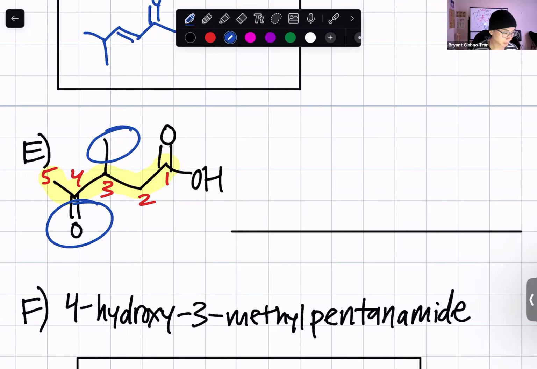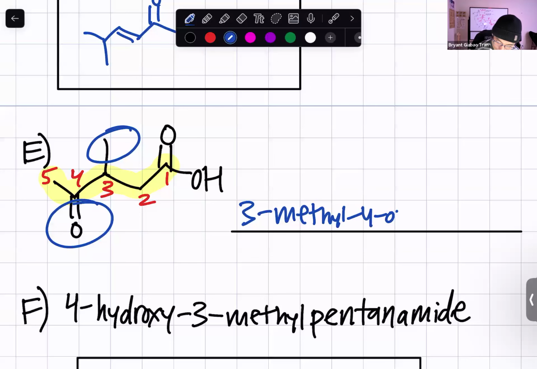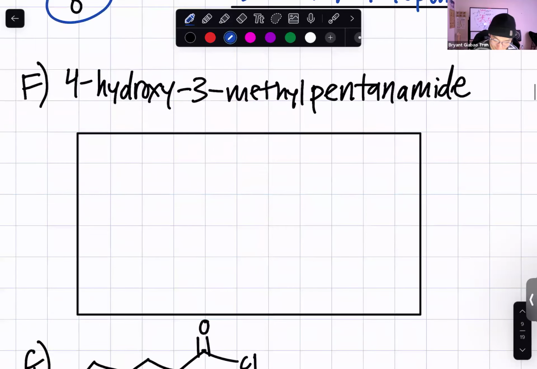What substituents do you see, and then what number? Oh, 3-methyl 4-oxopentanoic acid. Yep, 3-methyl 4-oxo pentanoic acid. You got it. Nice. Right. Okay, now let's draw the next one.